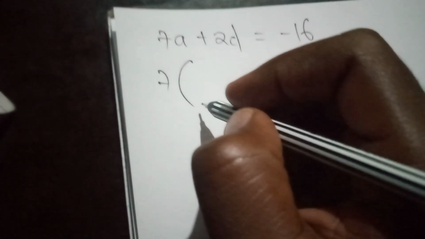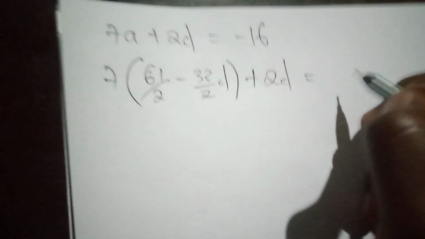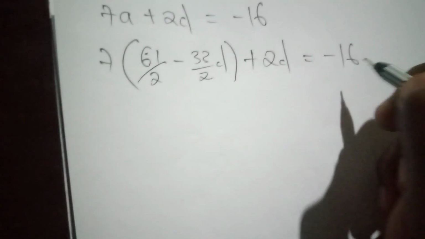So the first equation that you have is 7a plus 2d is equal to negative 16. From there, you substitute your value, 61 over 2 minus 33 over 2d, plus 2d is equal to negative 16.